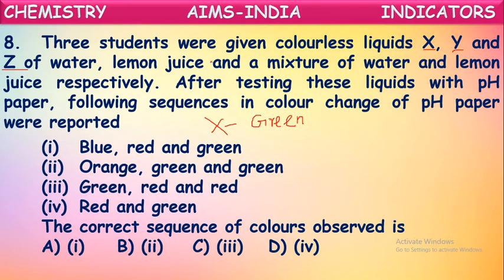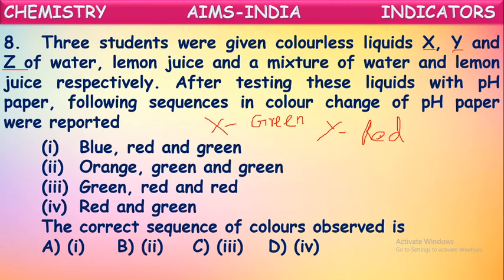As there is lemon juice in water, it resembles an acidic solution because lemon juice contains some acids like citric acid and ascorbic acid. By the presence of these acids, the second solution, Y, will give the color change red.